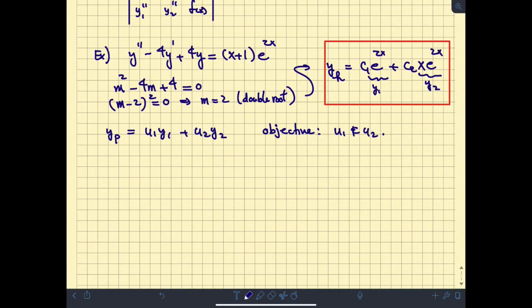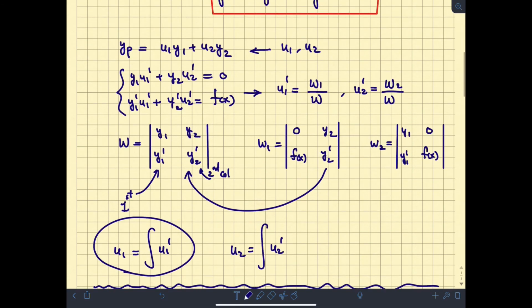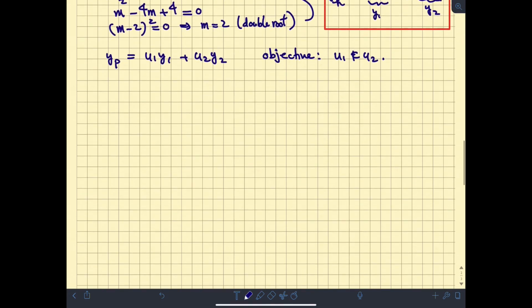Now if you look at the formula from before, u1 will be the integral of u1 prime, and u1 prime will be W1 divided by W. So if I go back to my problem, I'm going to find my u1 prime by doing W1 divided by W, and I'm going to find my u2 prime by doing W2 divided by W, and then obviously I will integrate my u primes to find the actual u's.